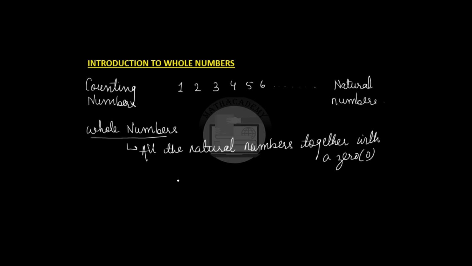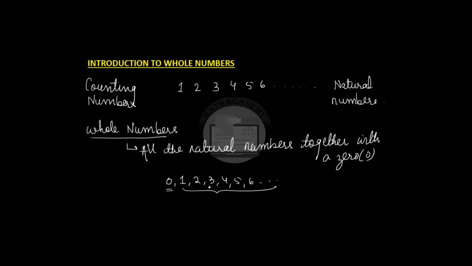We have all the natural numbers or the counting numbers 1, 2, 3, 4, 5, 6 and so on. They continue endlessly, and we also have a 0 in the whole numbers. Okay, so a whole number is a set of all natural numbers and a 0 along with them.